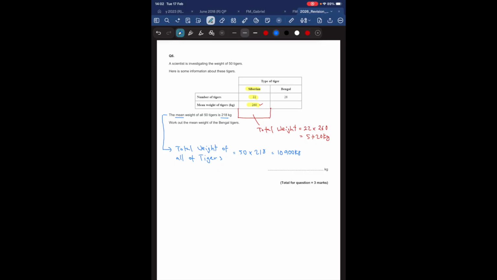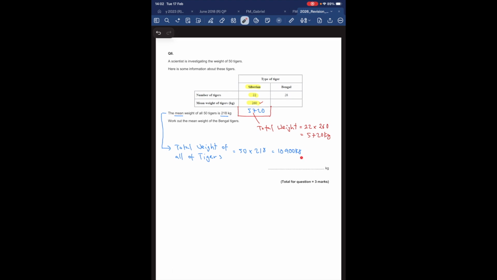So we've got two pieces of information now. We know the total weight of all of the Siberian tigers, which is going to be 5,720 kilograms. We know the total weight of the Bengal tigers and the Siberian tigers is going to be 10,900 kilograms. So by doing a simple subtract, we can work out the total weight of the Bengal tigers.